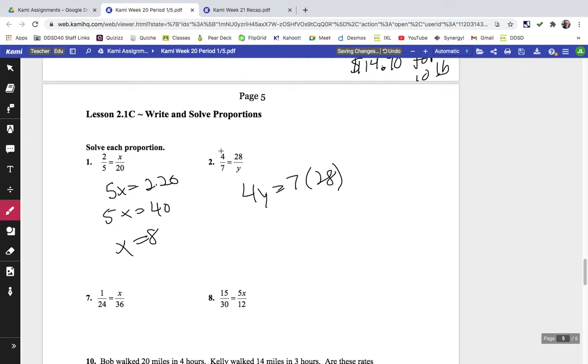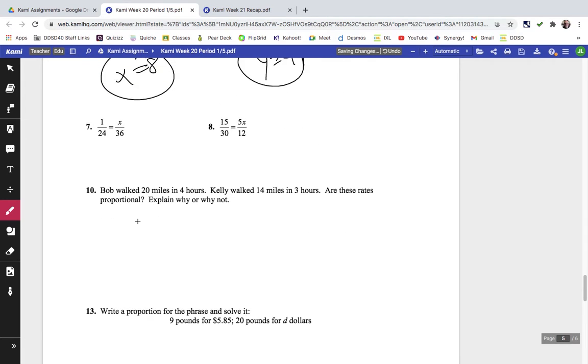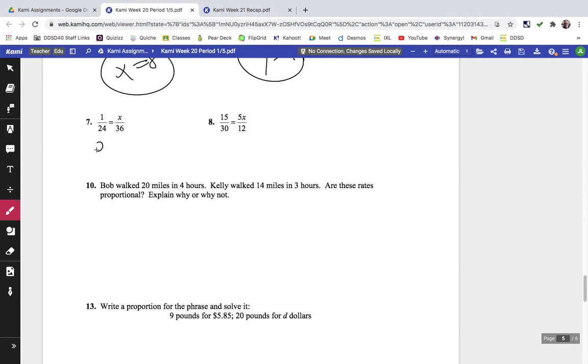I know that the multiplier here is times 7, so I know y is equal to 49. 24 times x equals 1 times 36, which is 36. Divide by 24. 36 divided by 24 is 1.5. So x equals 1.5.